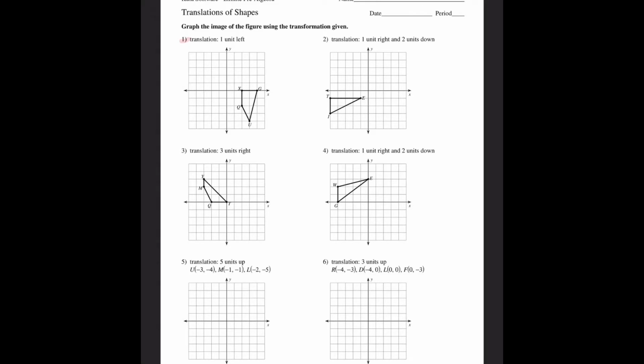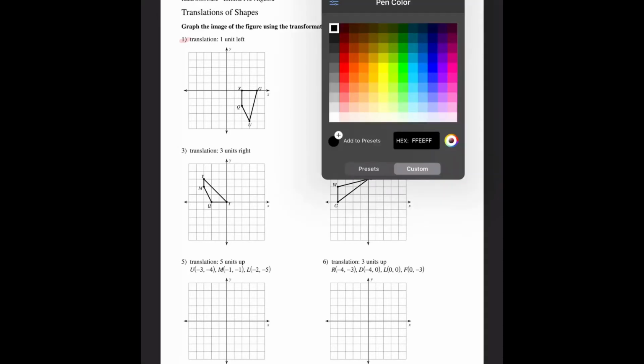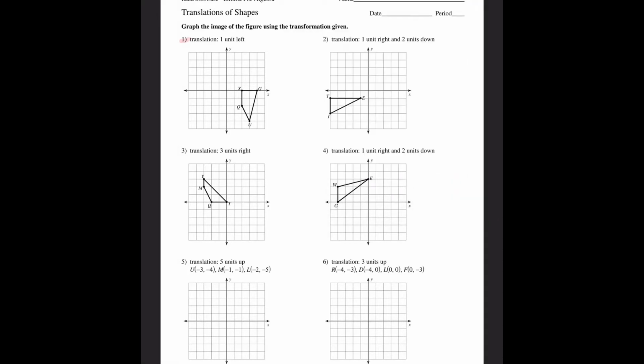So for instance, if we move X 1 unit to the left, and I'll use a different color, I'll use red. Now X prime would be right there, okay? And it's more like an apostrophe, okay? So we literally just moved X 1 unit that way, okay?